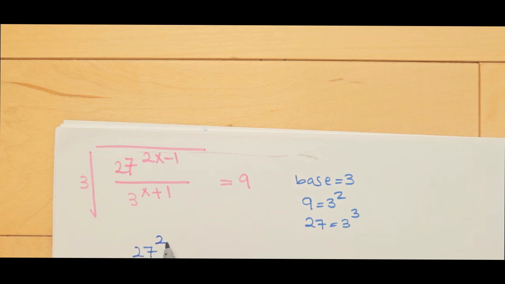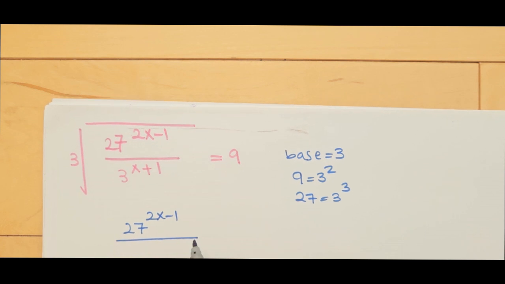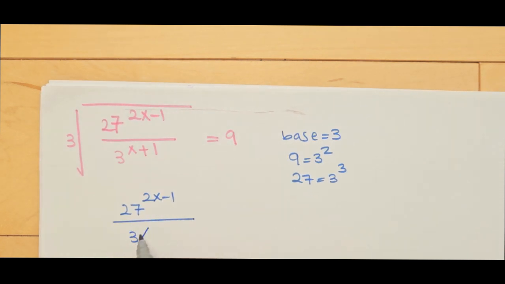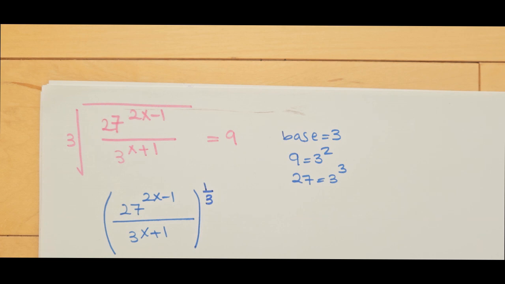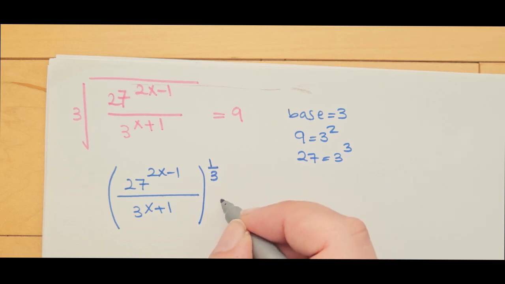So 27 to the power 2x minus 1 over 3 to the power x plus 1. And instead of this root sign, I will remove that one and use 1/3 as a power. Okay, next step, this side is 3 to the power 2.